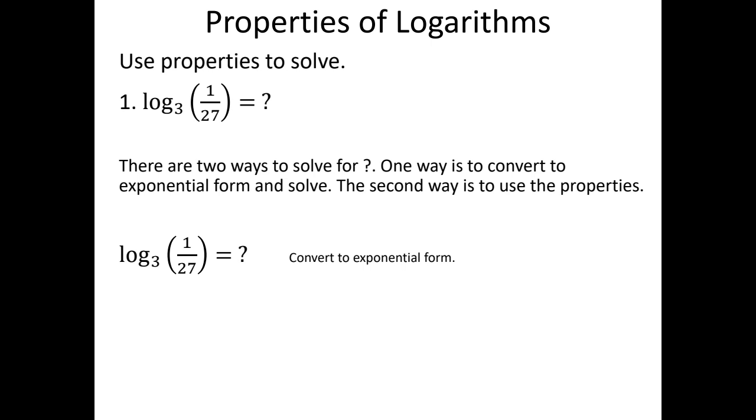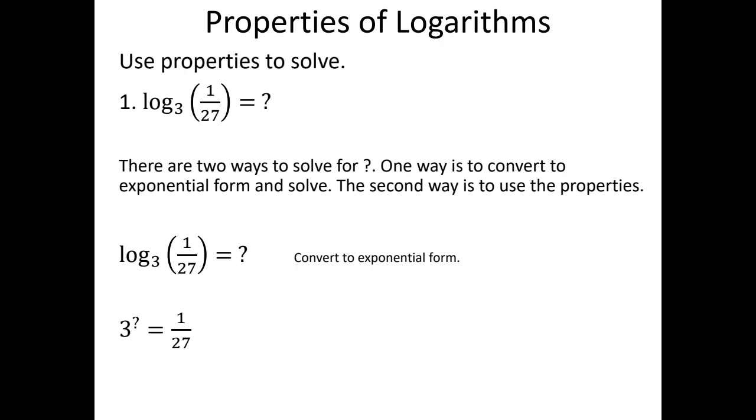Instead of using our properties, let's convert it to our exponential form. So the base of this log is 3, so that's going to be the base of my exponent. The output is the question mark, what I'm trying to solve for. And then my input of the log is the output of my exponential.